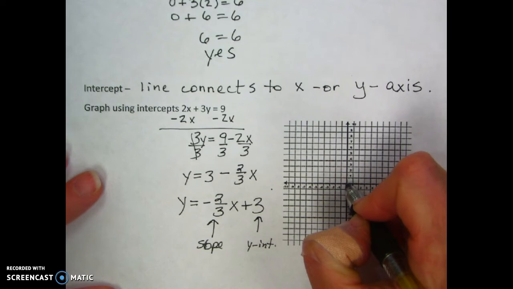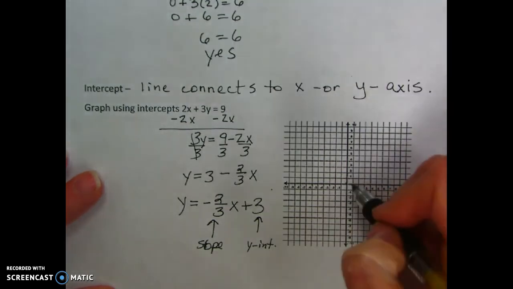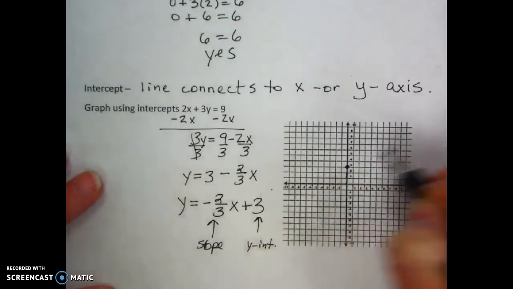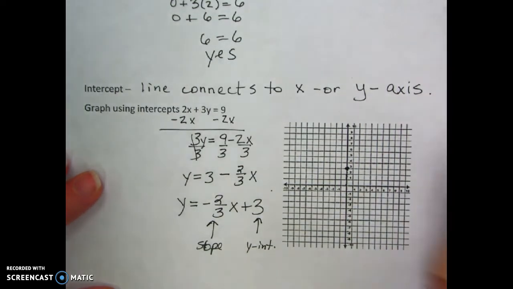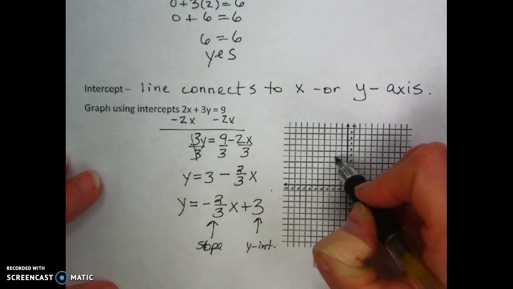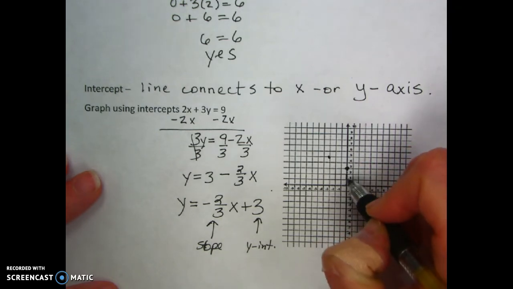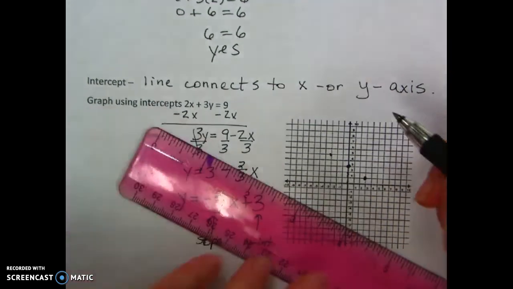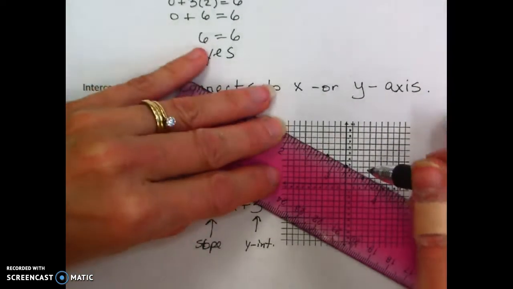So y-intercept of 3, up 3. Slope of negative 2/3. So you're going to go up 2 and over this way 3, or down 2 and over this way 3. Anyhow, once you have your points, you should be able to connect them to draw a line.